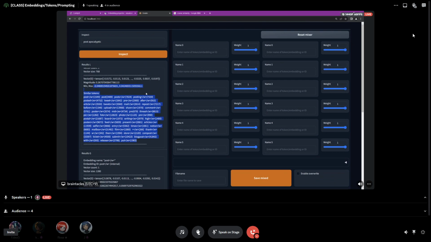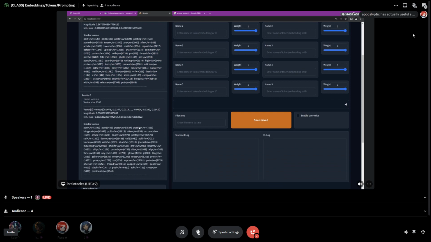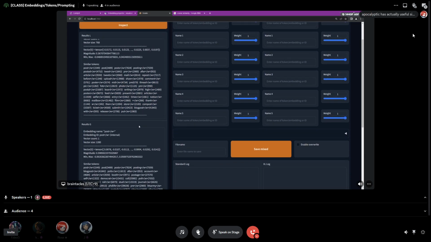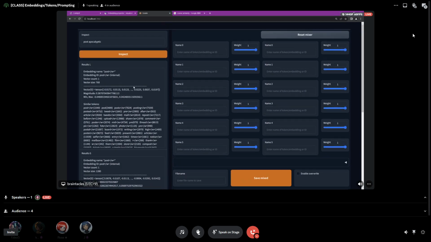But the cool thing about this tool is that you can use it to sort of explore what could be used. So Rose just said apocalyptic has actually useful similarities, and that's actually what I was about to do now.